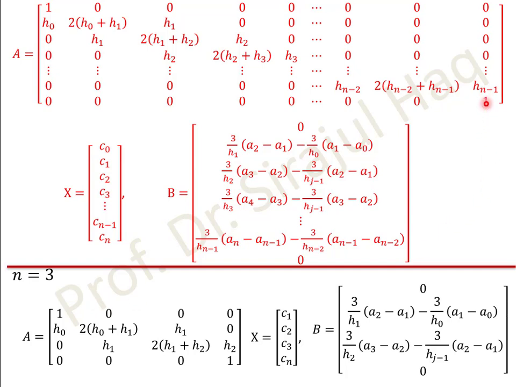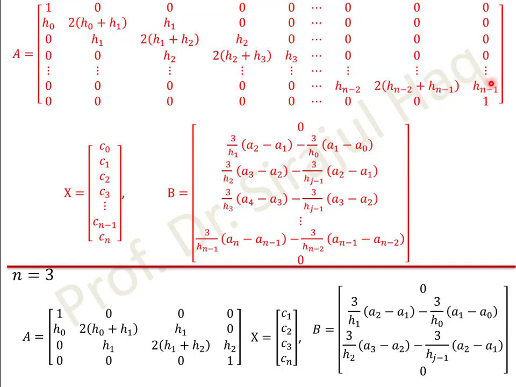Just under H2 is 1, because this will be Cn. So this time your C3 is equal to 0. And for C3, these are the coefficients of C0, C1, C2, C3. That's the reason I'm writing it over here, because C3 was equal to 0. So you can see, if you look at this system, this is a tridiagonal matrix.